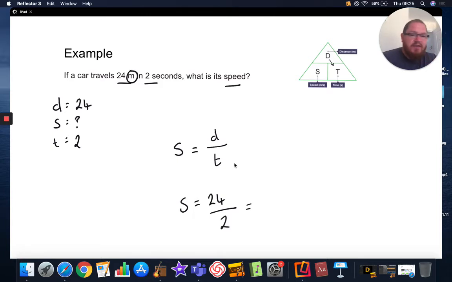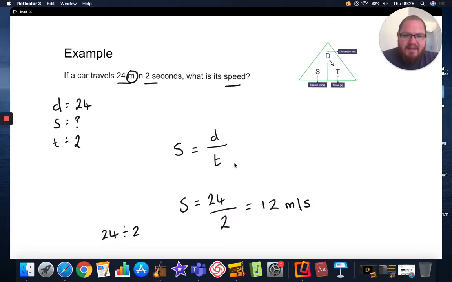So this is going to equal, how many times does 2 go into 24? It's 12. So if you typed into your calculator 24 divided by 2, that's what that looks like. That's when you're going to get the answer. And it's 12. And the units then are meters per second, because it's a speed.